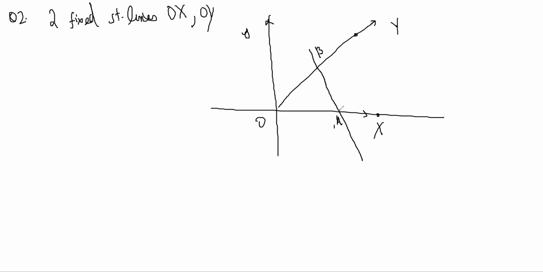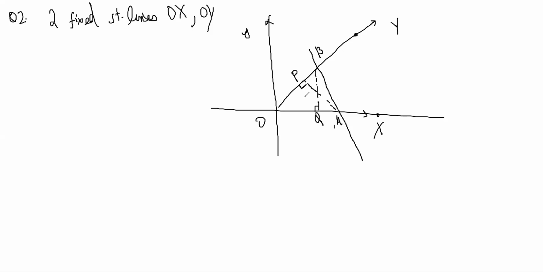From A, if you drop a perpendicular, this will be what it looks like. This is P, right? And from B, if you drop a perpendicular, this will be Q, right? Correct. P and Q are the foot of the perpendicular. That also we got. Show that if AB passes through a fixed point, then PQ will also pass through a fixed point, right?